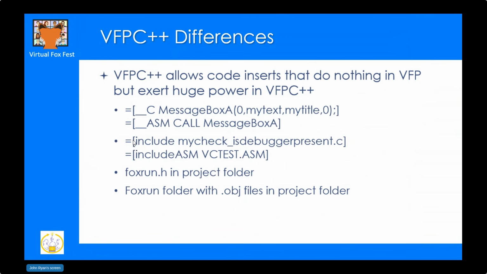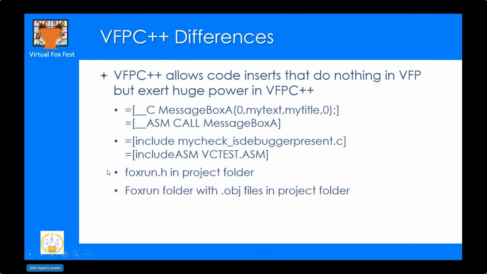But when you're VFP C++ compiling it, that will insert that C code directly into your DLL. You can also include your own .c files using #include, and you can include assembly files using *include ASM. So those are the ways you can inline C or assembly directly into your VFP applications.